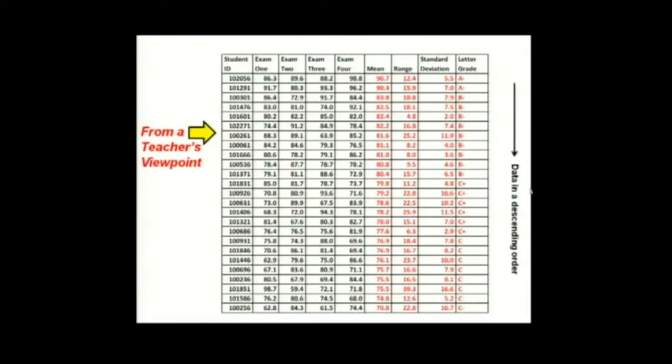We can see here data in descending order, starting with the highest grade average going to the lowest, and the teacher by doing so can divide the students into different grade letters, A, B, C, and so on. So that is one way to convert what was raw data into processed, meaningful data that both the student and the teacher can make use of.